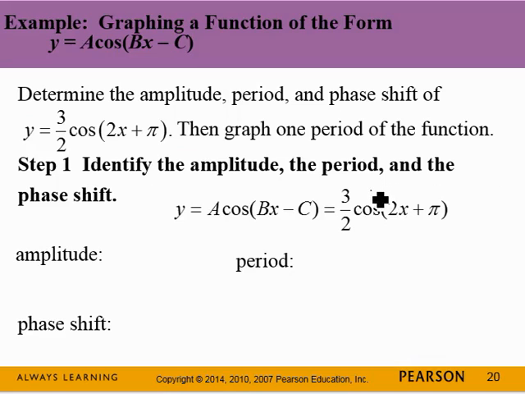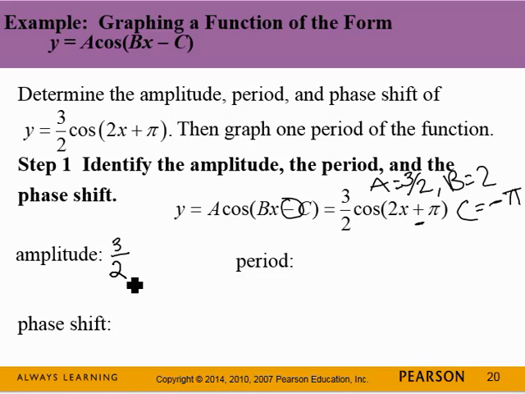So in this case, a equals 3 over 2, b equals 2, and c in this case is negative pi. It's negative pi because you have minus c, and over here you have positive. So in order to make a negative a positive, it has to be another negative. So the absolute value of a is just going to be 3 over 2. So that's your max, and then your min is negative 3 over 2.